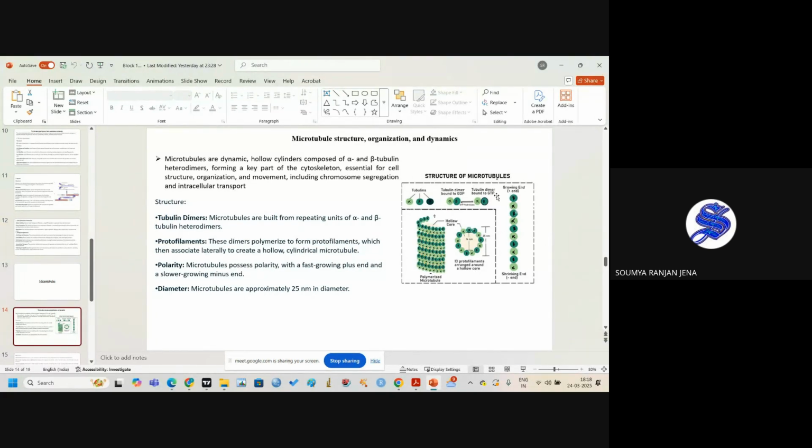In diameter, an actin filament is 7 nanometer, but microtubules are approximately 25 nanometer in diameter, and the inside of the hollow cylinder is 14 nanometer, having 13 protofilaments of alpha and beta tubulins. This is the basic structure of microtubules.